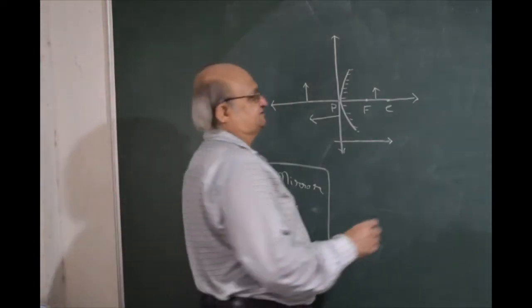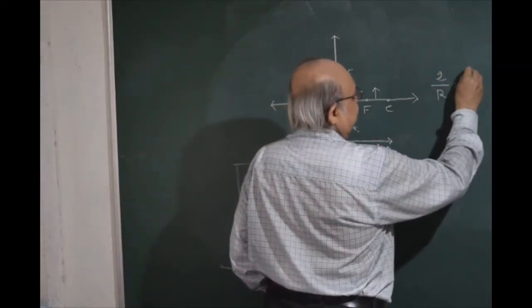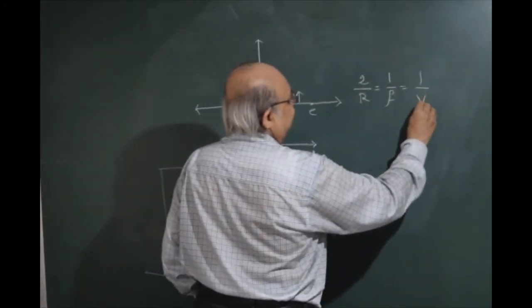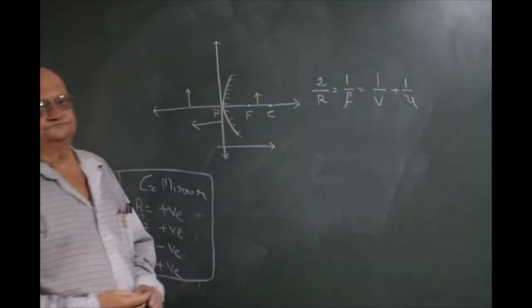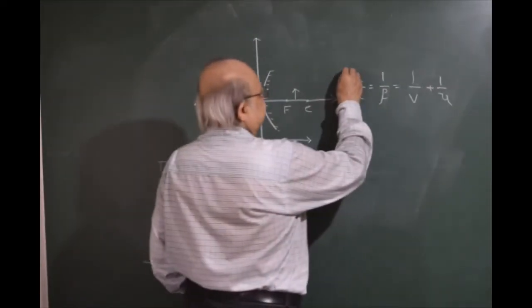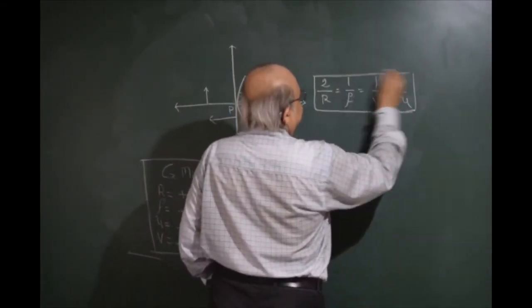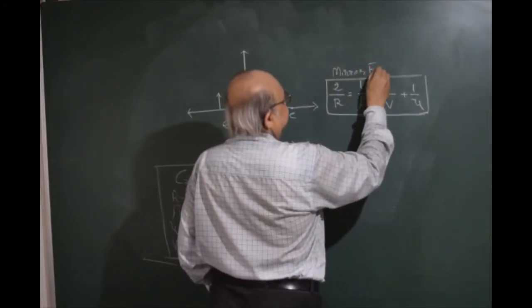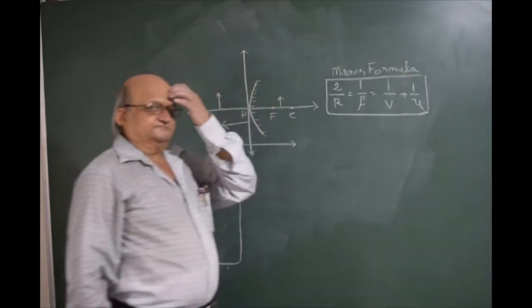The mirror formula says 2 upon r is equal to 1 upon f, which is equal to 1 upon v plus 1 upon u. Now this is called the mirror formula.